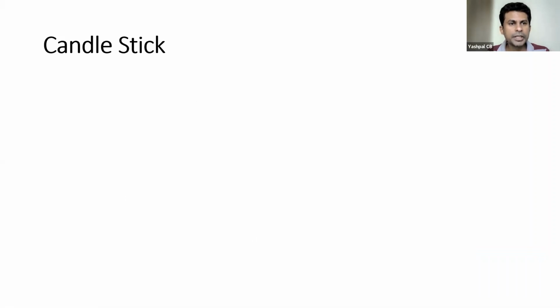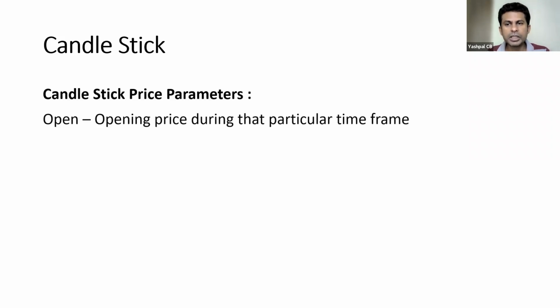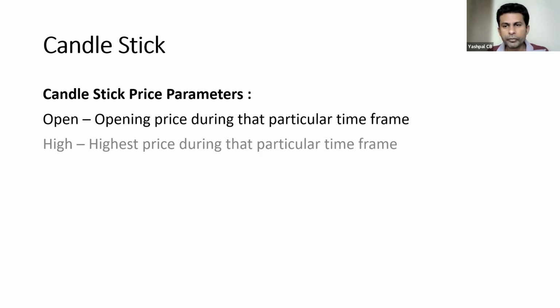The main advantage of candlestick patterns compared to any other chart, bar chart, pie chart, line chart, or any other chart is it gives the four important parameters of the price. First one is it will give the opening price during that particular time frame. It will also give the highest price during that time frame.